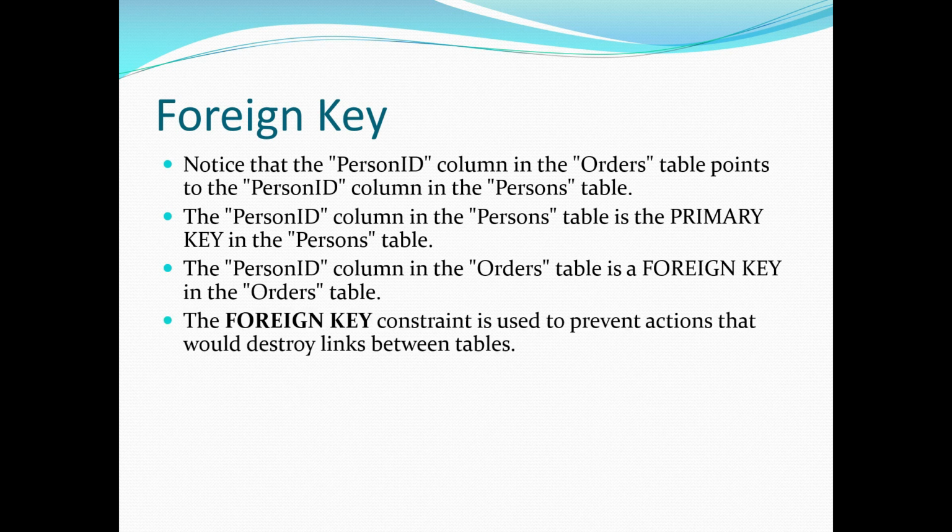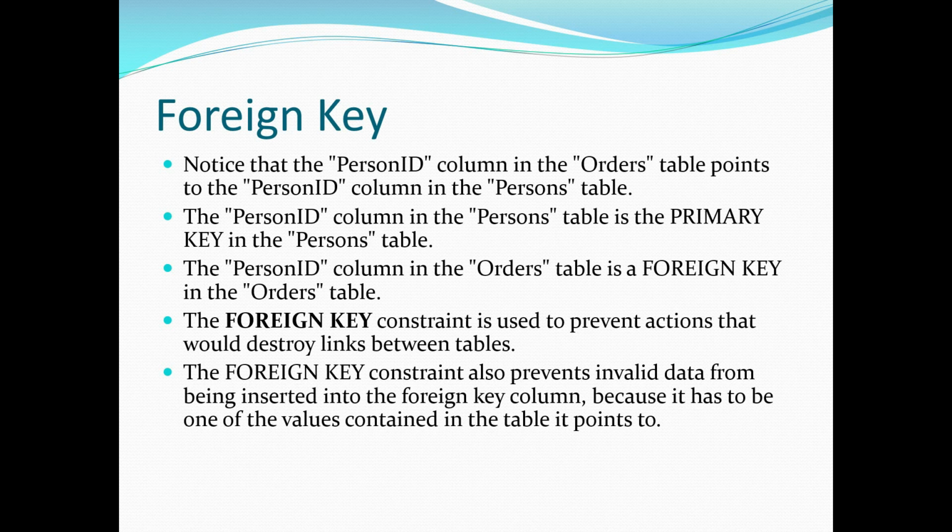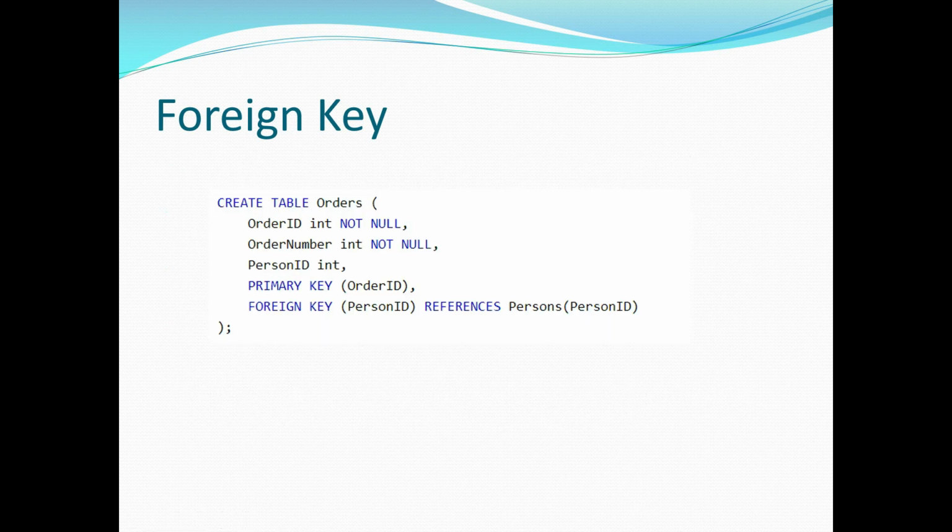The foreign key constraint is used to prevent actions that would destroy links between tables. The foreign key constraint also prevents invalid data from being inserted into the foreign key column, because it has to be one of the values contained in the table it points to. So if we want to add a foreign key, inside the create table orders, the foreign key keyword is used, with the column that you want to make the foreign key.